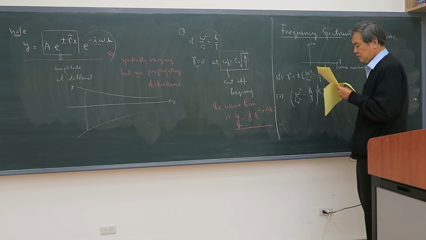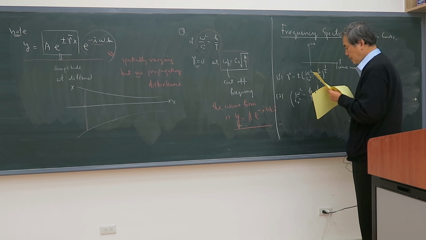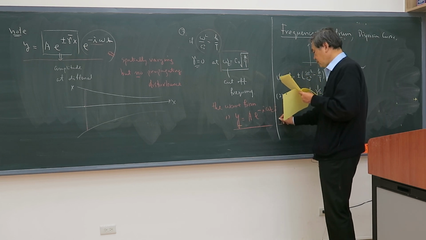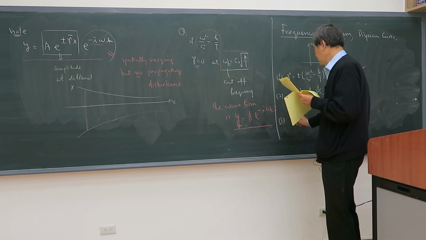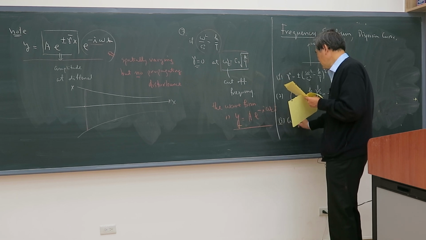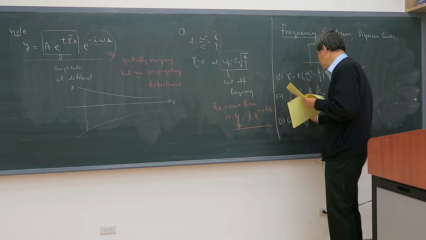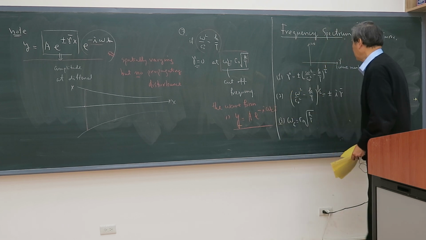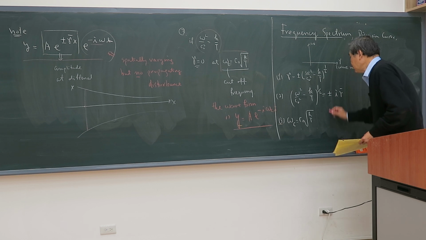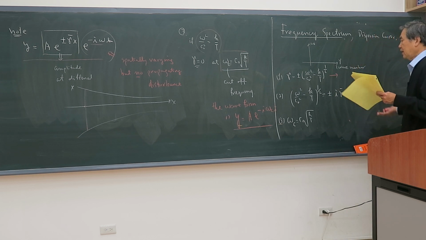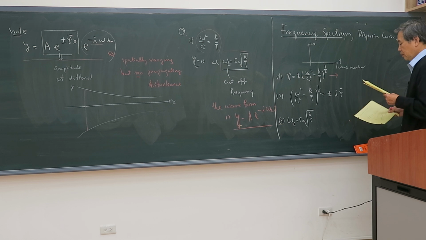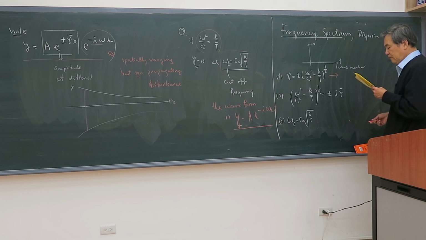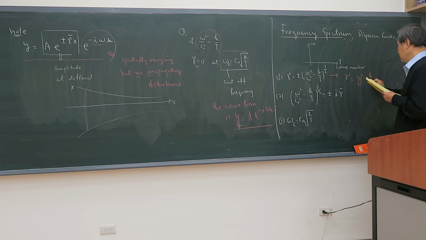We have this equation. And the third one is the cutoff frequency, omega c equal to c0 over the square root of k over t. All right, let's see the first one. If I square both sides, I have gamma square equal to omega square divided by c0 square minus k over t.